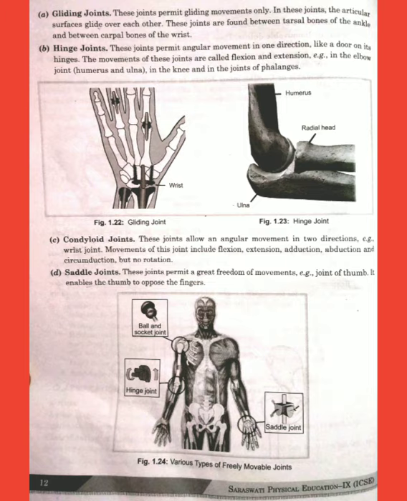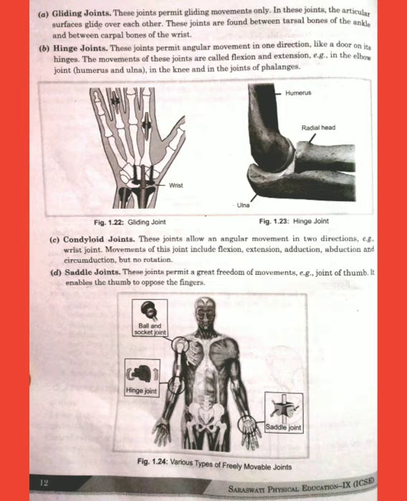Next is hinge joints. So these joints permit angular movement in one direction. It is just like a door, as we can move the door in one direction in the same manner. So these joints are present in the elbow joints, that is humerus and ulna, and in the knee, and also in the joints of phalanges.